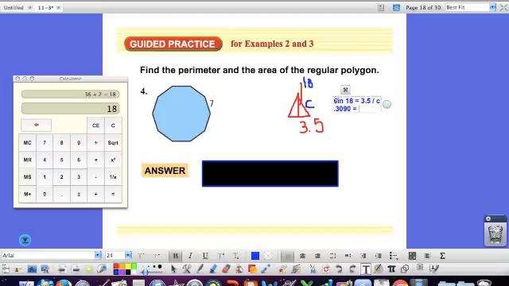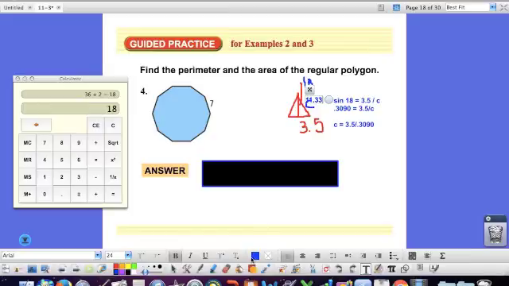That's going to equal 3.5 divided by C. That's going to be the same as C is equal to 3.5 divided by 0.3090, which is 11.33. So right here, that is the length there.